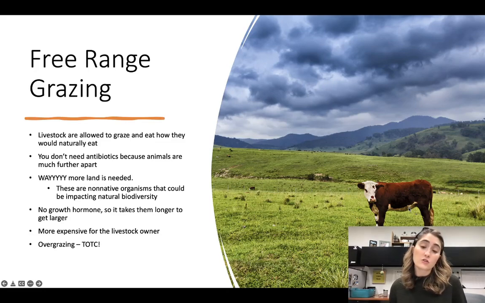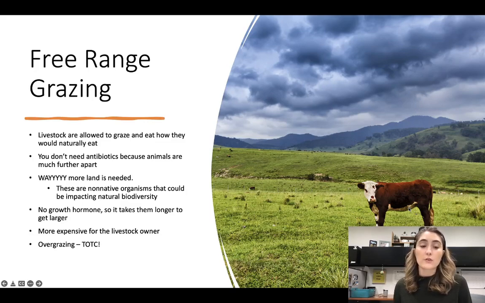This can also be a problem with overgrazing. If you put too many cows in one land, this is the true example of the tragedy of the commons, when they're on common grazing land or publicly owned land for grazing, and a farmer wants to take advantage of that public land. You can end up with overgrazing problems. This is when we talked about the Taylor Grazing Act, where farmers do have to have permits to have cows on public lands, but of course that's pretty hard to regulate when you've got farmers all over the United States using public lands.